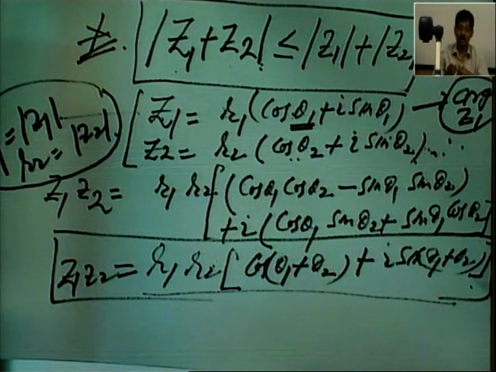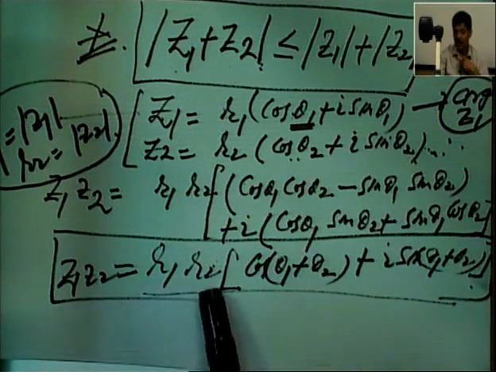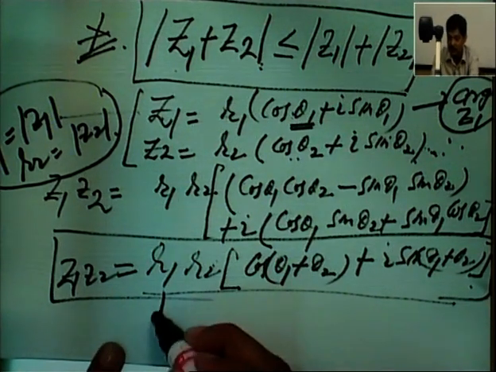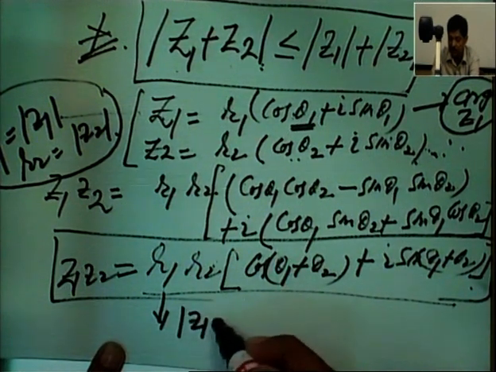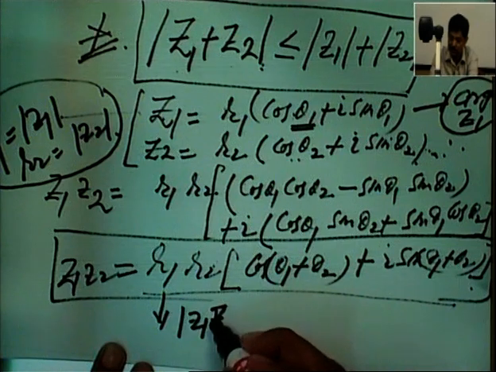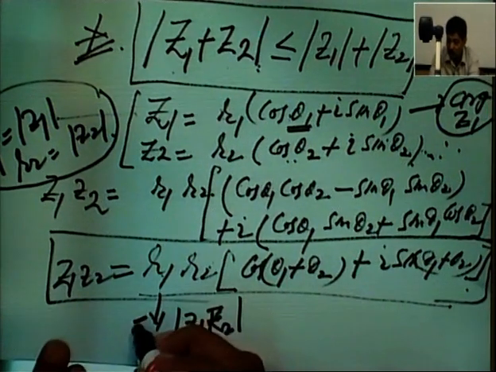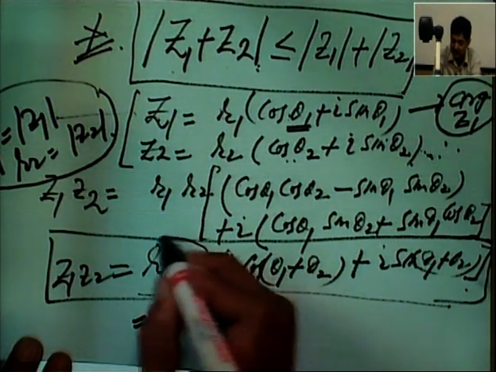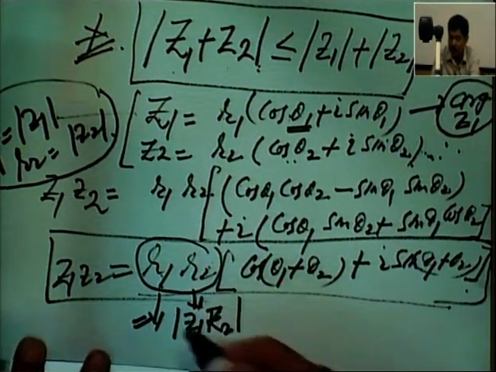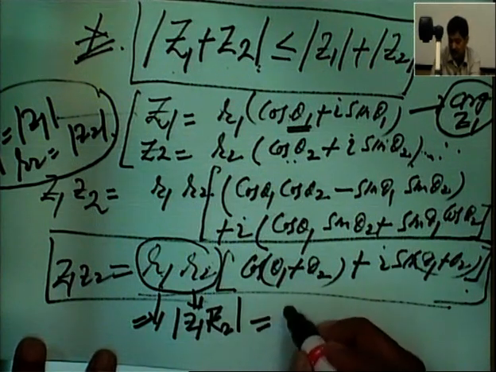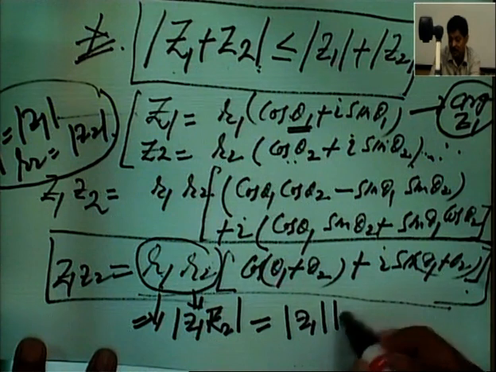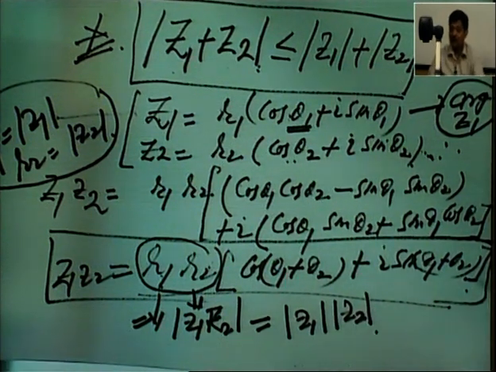Now according to the polar representation, r1 r2, that is nothing but this quantity, is mod of z1 into z2. And r1 was mod of z1, r2 was mod of z2.